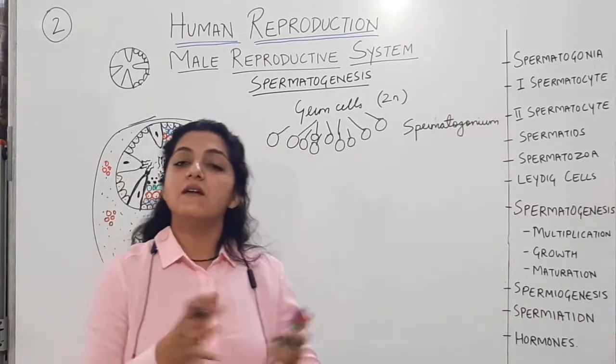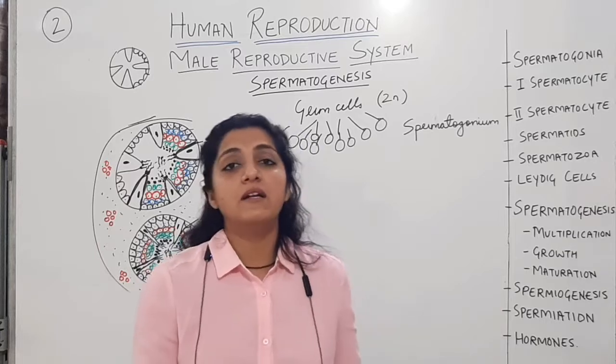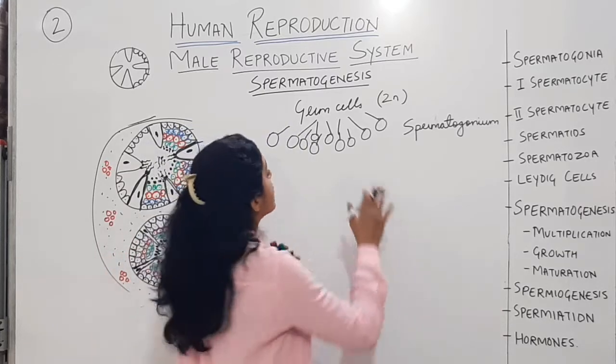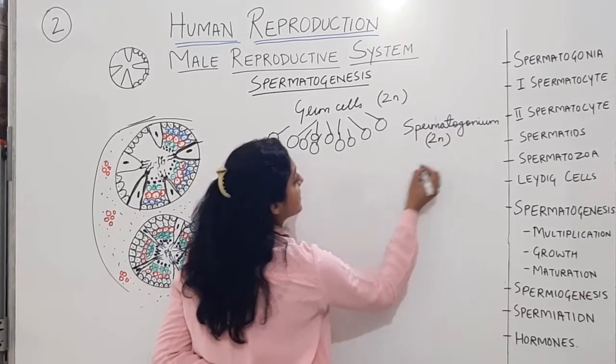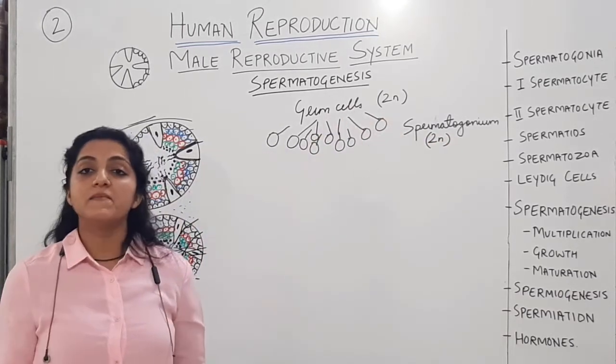So germ cells undergo a lot of multiplication, division, mitosis. They make spermatogonium, which is again diploid. These are many in number from one germ cell.